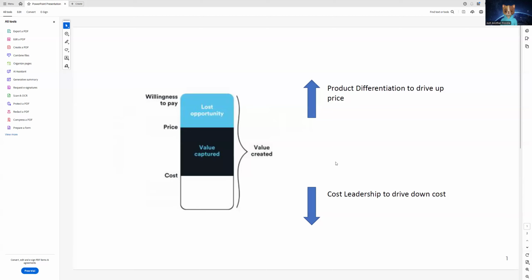You're never going to know the maximum amount the customer is willing to pay. But once you drive up the product differentiation, you can drive up the price. That's one way of doing it. The other way is you drive down the cost of building that product or creating that service.